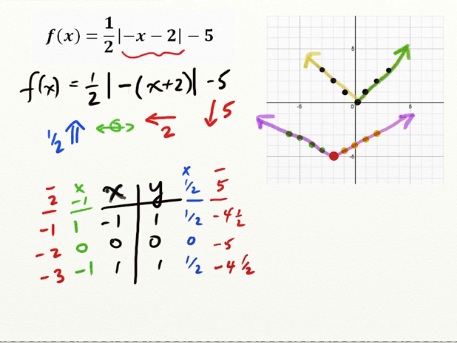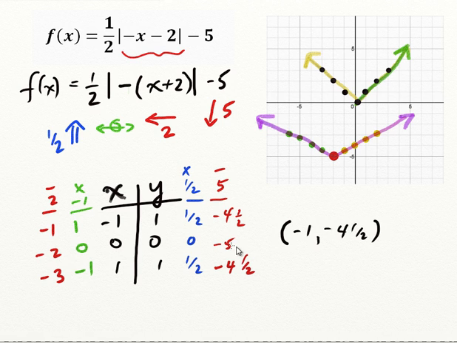All right. Well, are those points actually on the graph? Can we see them? Well, let's take a look. The points that would be on this new transformed absolute value function are, we've got -1 and -4.5.